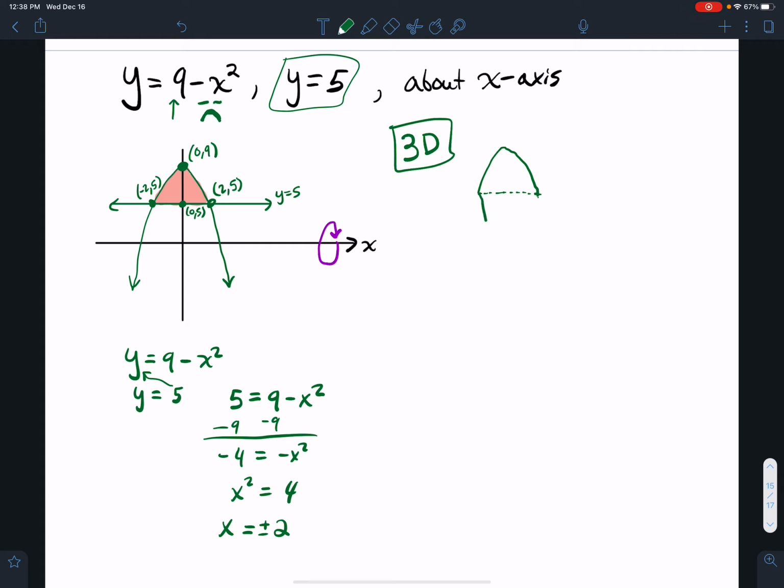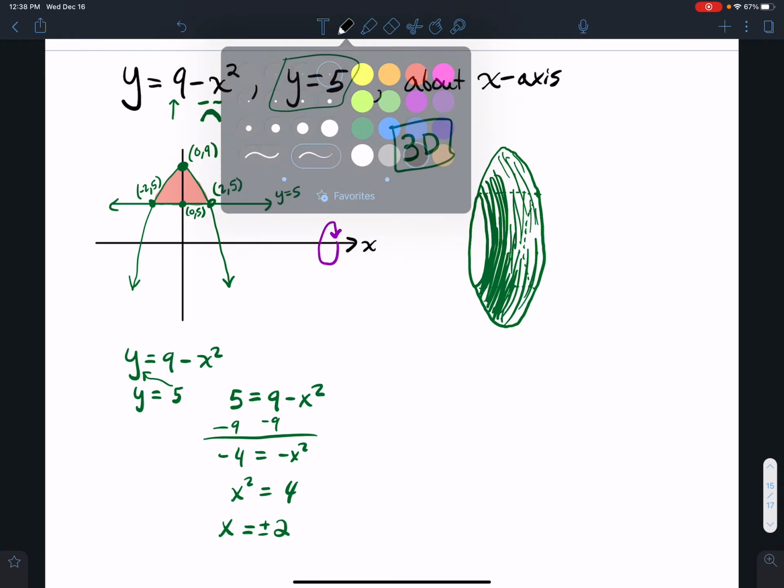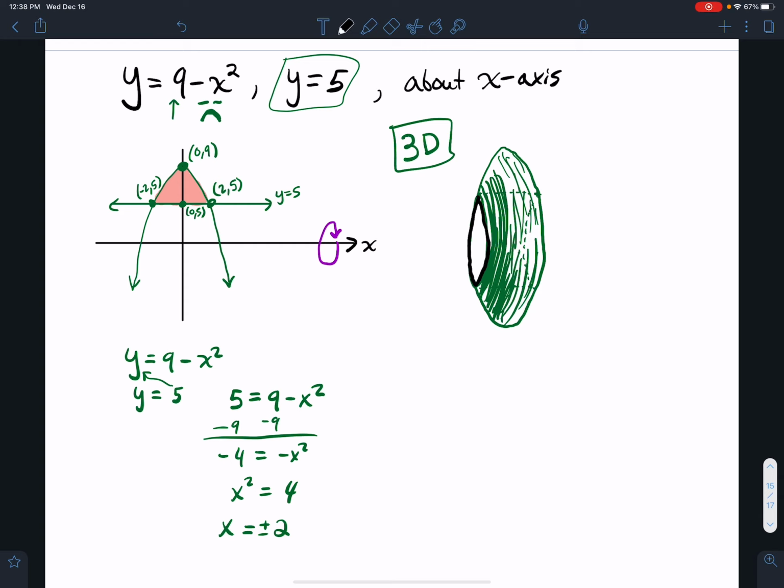So it's hollowed out. So on the outside, it looks like this, but on the inside, it's got a hole punched through it.